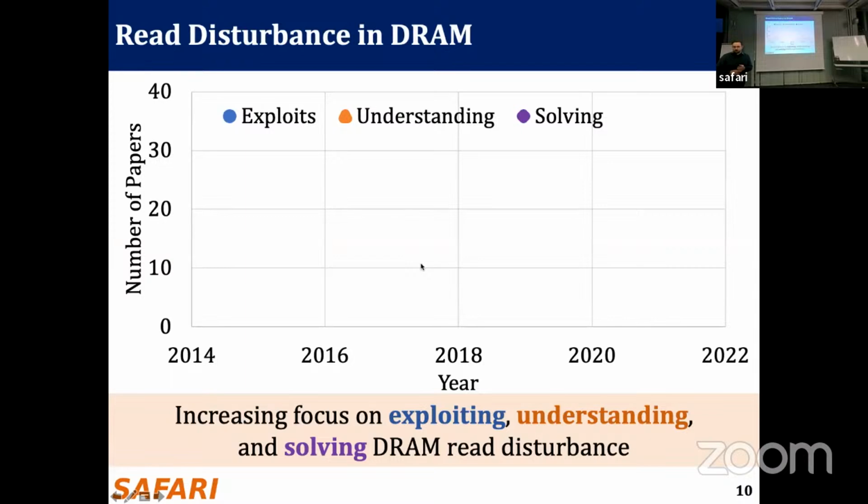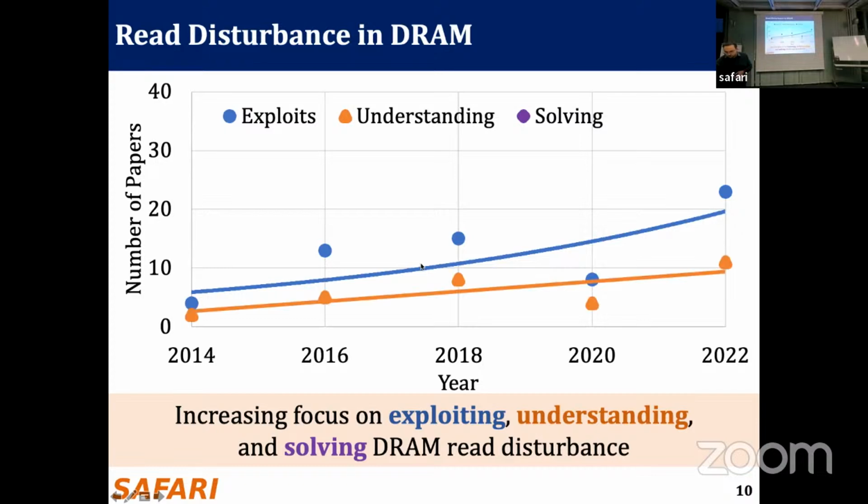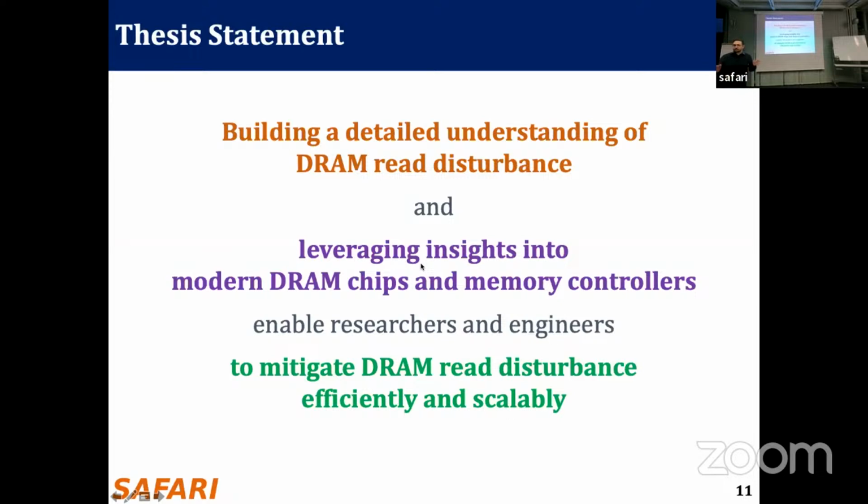There is increasing interest in the academic domain in understanding, exploiting, and solving RowHammer, and the number of papers published every year has increased. I will not get into the literature too much, but I'll continue with the thesis statement.